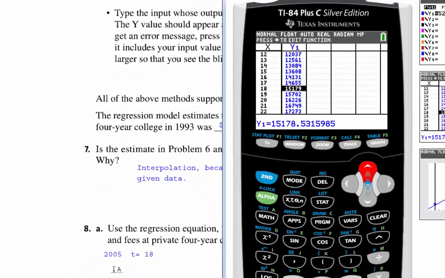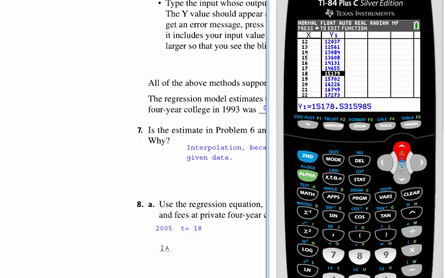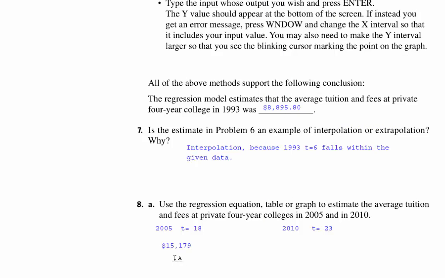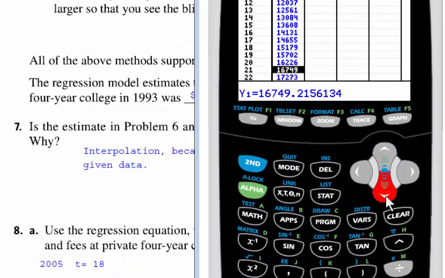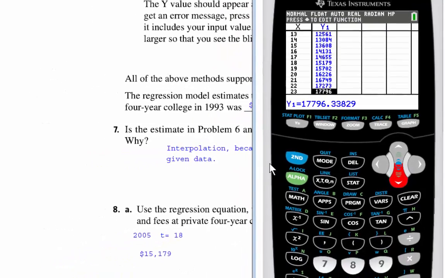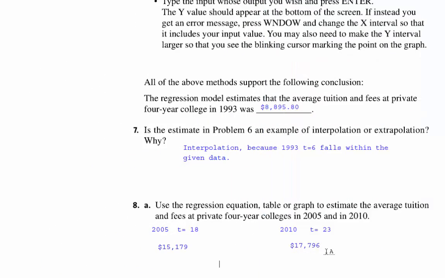So in 2005, the tuition should be $15,179. And in 2010, I just have to see what happens when t or x equals 23. So I can scroll down a little bit further, and it looks like it's going to be $17,796. And I'll write that there.